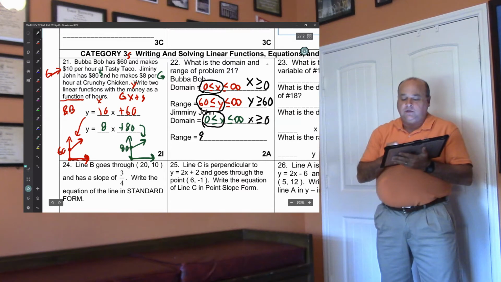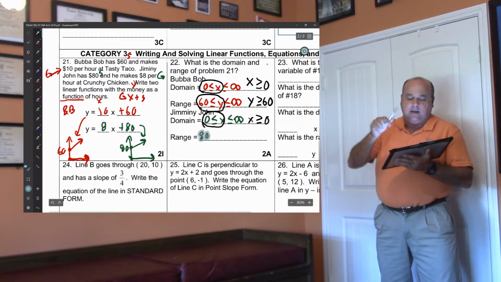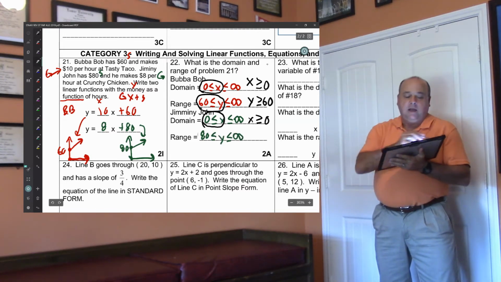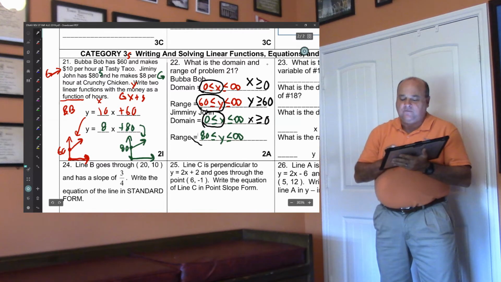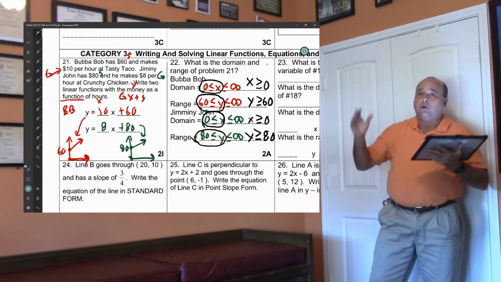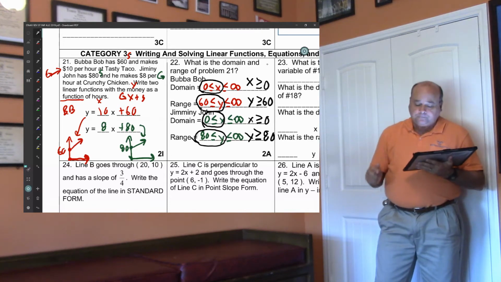So my range wouldn't start at 0, it would start at 80. Let me use green ink. It would start at 80 and go all the way to infinity, and I would use a y, wouldn't I? If I circle everything but the infinity, I have y is greater than or equal to 80. And that makes sense because it's going to be all the y's more than 80. You can write them down both ways.